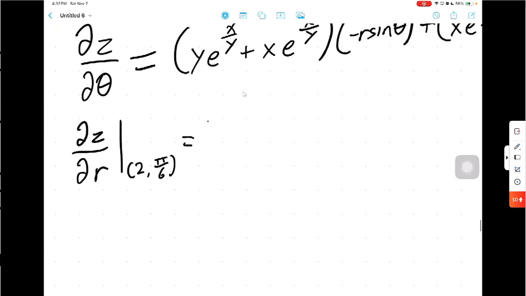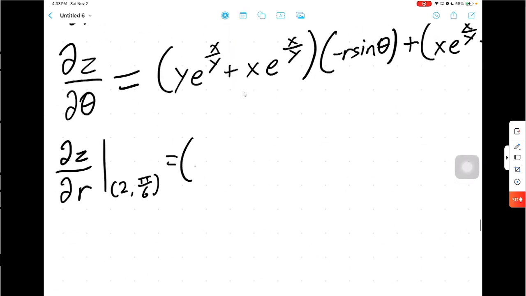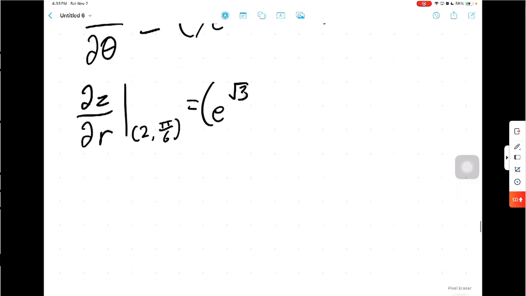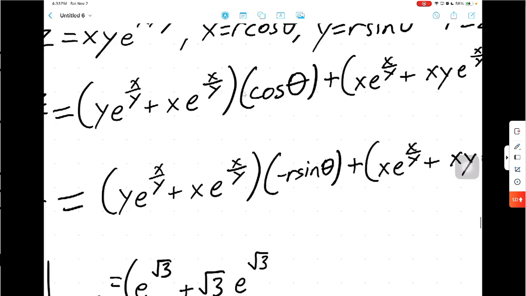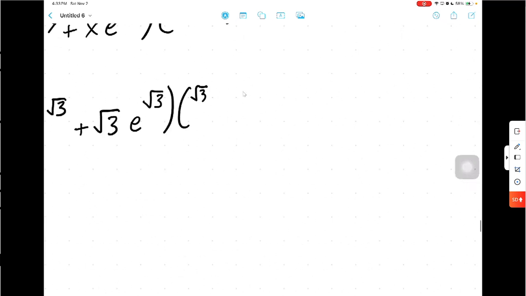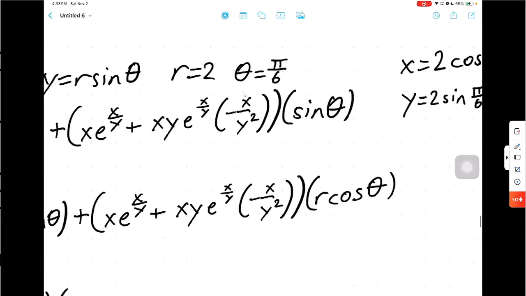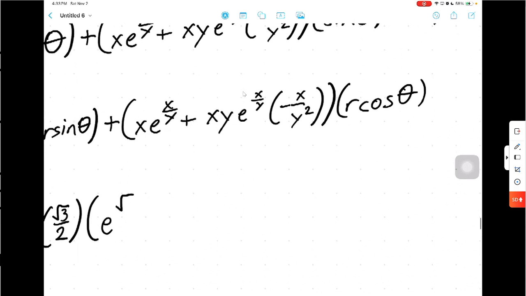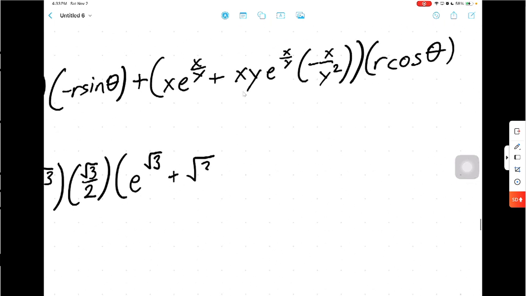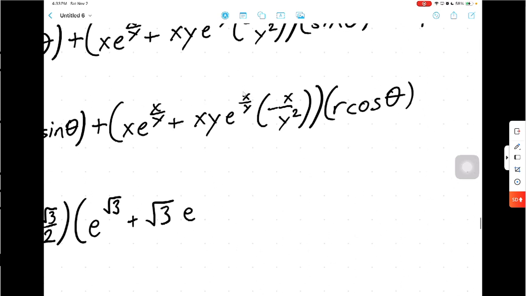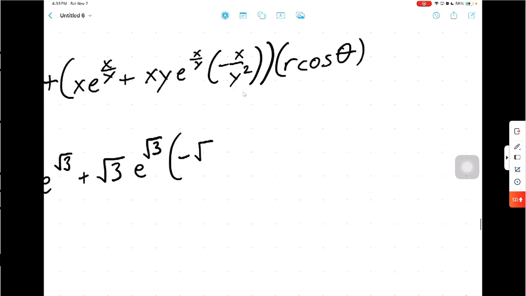Well, this is going to be a while. So this becomes e to the root 3 plus root 3 e to the root 3 times root 3 over 2, plus x e to the x over y, which is just going to be e to the root 3, plus root 3 e to the root 3 times negative root 3.